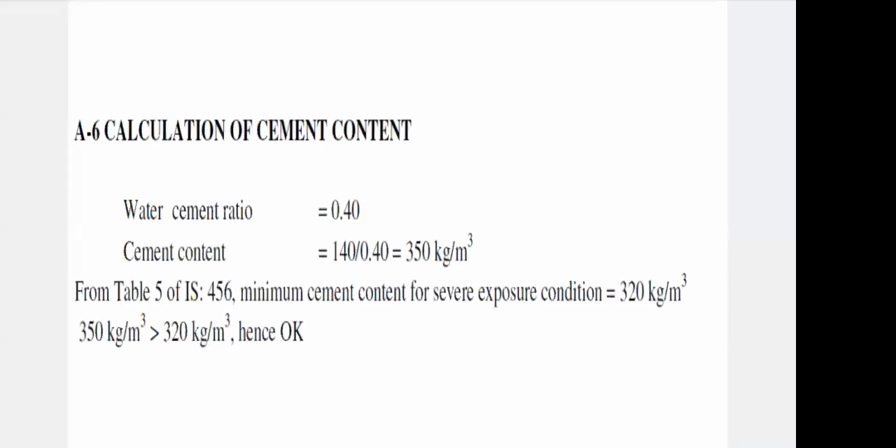From Table 5 of IS 456, we know that the minimum cement content for severe exposure condition is 320 kg per m cube. That we have seen in the last lecture. So 350 kg per m cube is already greater than 320 kg per m cube, hence it is considered okay.